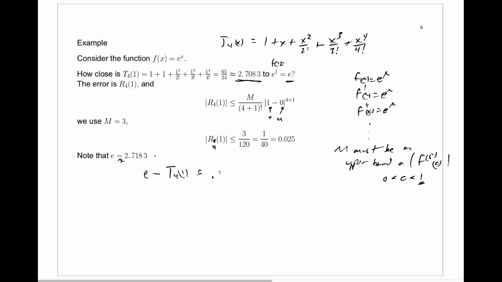That's about 0.01. And Taylor's theorem said the error is definitely less than 0.025. And 0.01 certainly is less than that. In fact, it's less than half that, about 40% of that, give or take a bit, which is what is to be expected. The error should definitely be less than this maximum error that's guaranteed by Taylor's theorem.